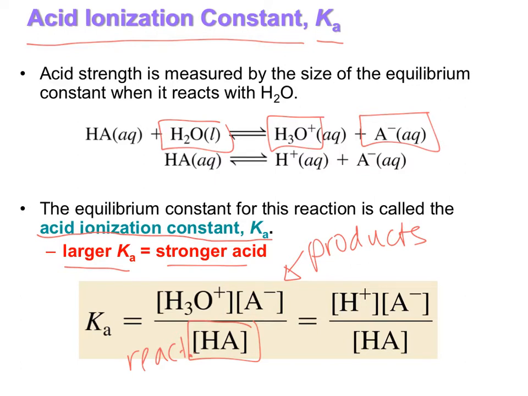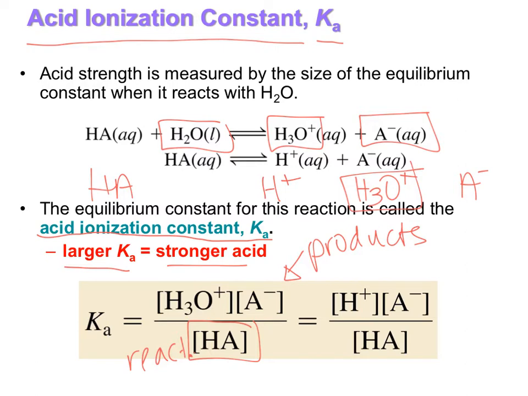So let's think about why that is the case. If you have an acid, any acid, and let's say it's a strong acid, we talked about how a strong acid completely ionizes. It completely breaks up into protons that then react with the water to form hydronium. It will completely ionize to form hydronium and the conjugate base.